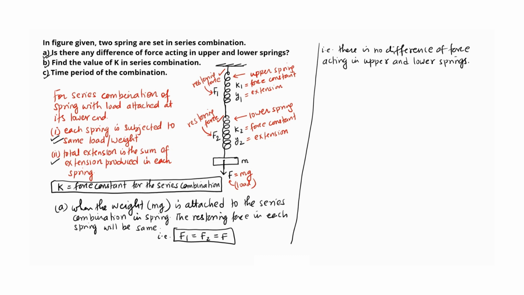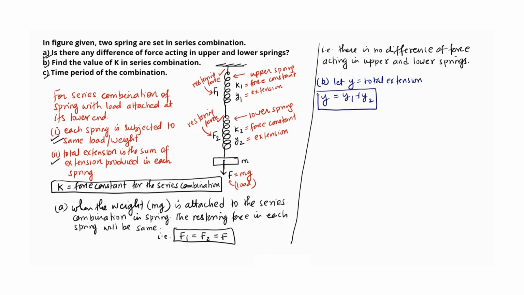Now, B. Find the value of K in series combination. We know the upper and lower springs are extended by y1 and y2. Let Y be the total extension. Therefore, Y equals y1 plus y2.